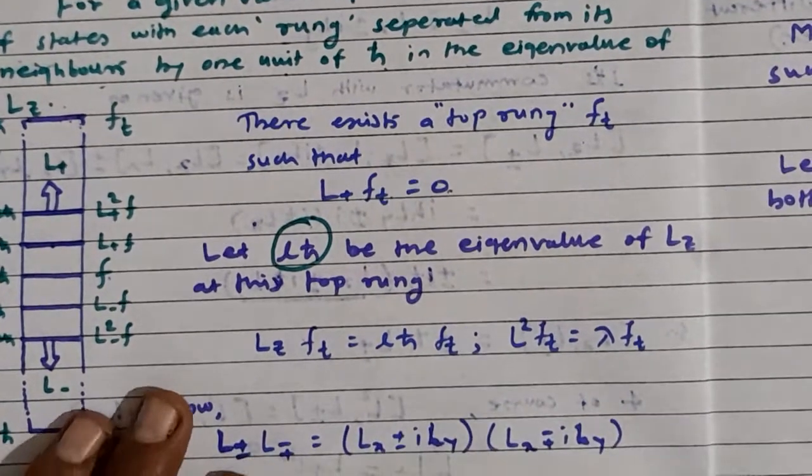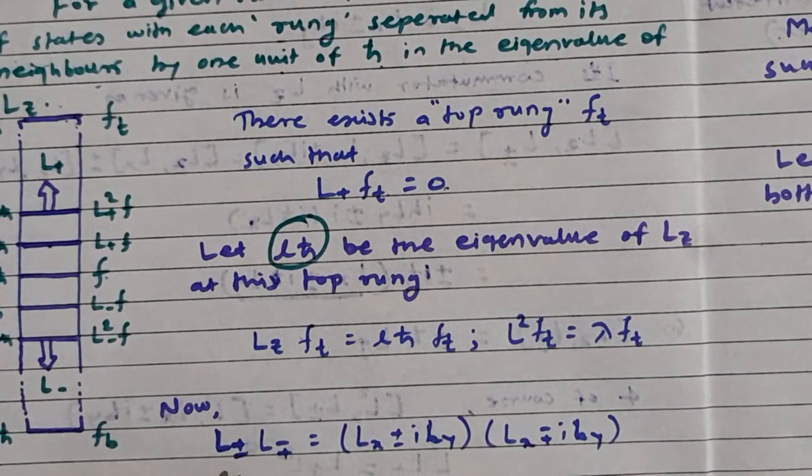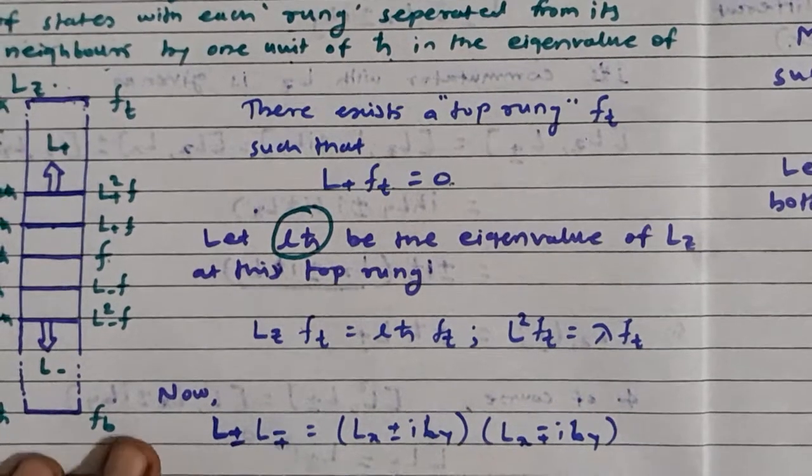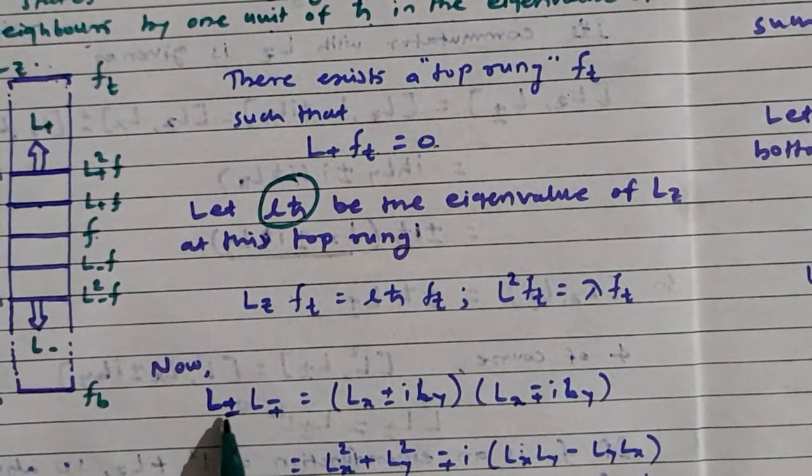Now let's consider the product of the raising and lowering operators. The upper sign corresponds to the upper sign here as well, and for the other case, when we consider the bottom sign, here also we need to consider the bottom sign.